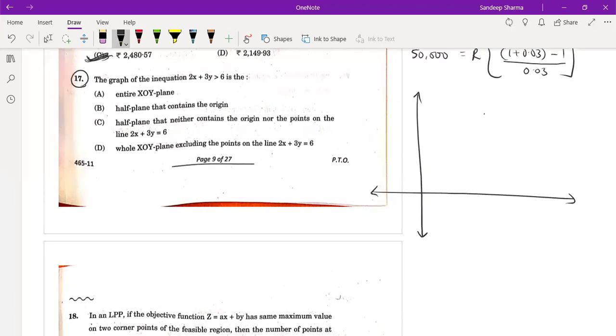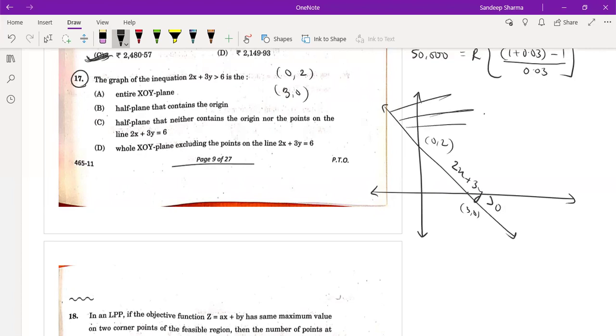Like this. And the value will be, if x is equal to 0, y is equal to 2. If y is equal to 0, x is equal to 3. So it will be a line like this. Okay, 0, 2, and this is 3, 0. And this line is 2x plus 3y greater than 6.